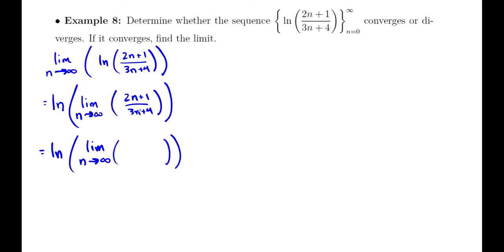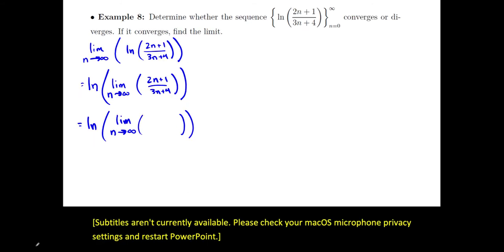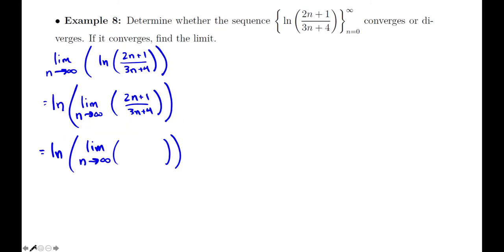It's to the power of 1. So I'm going to multiply both the top and bottom of that fraction by 1 over n. That's legal as long as I do that on top and bottom.